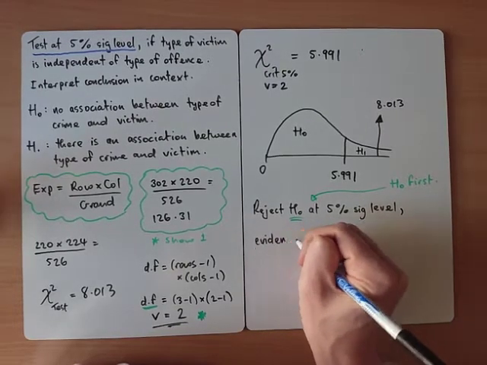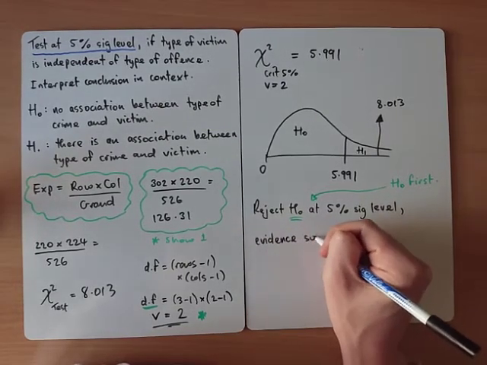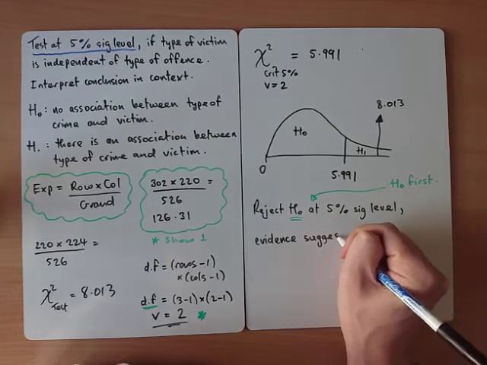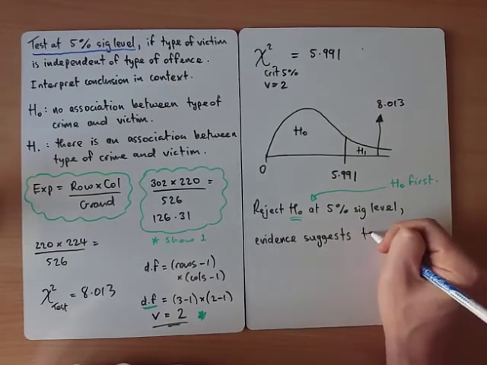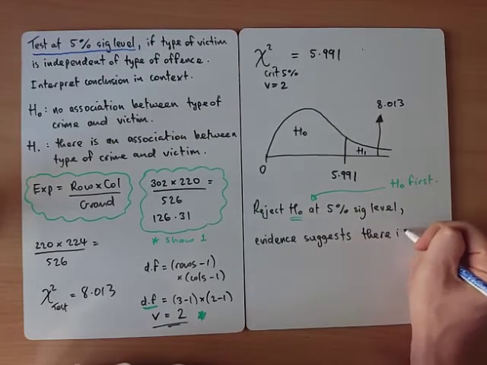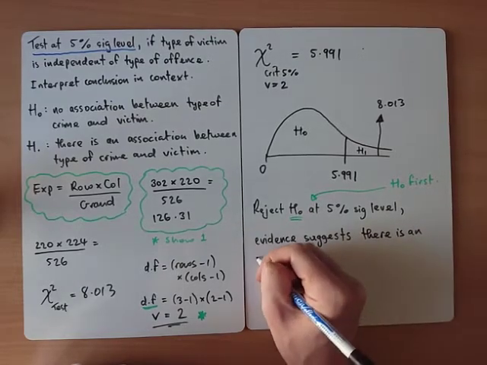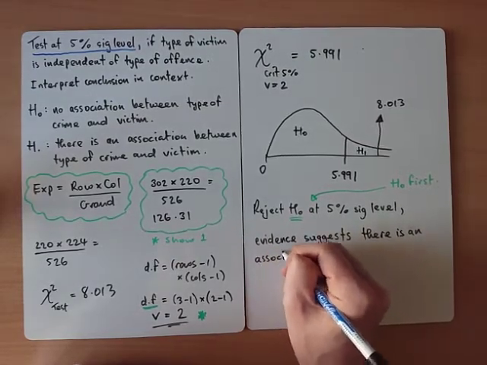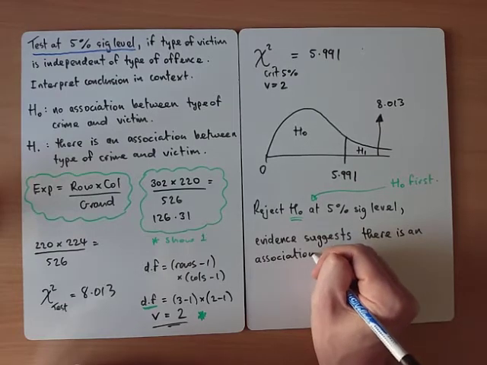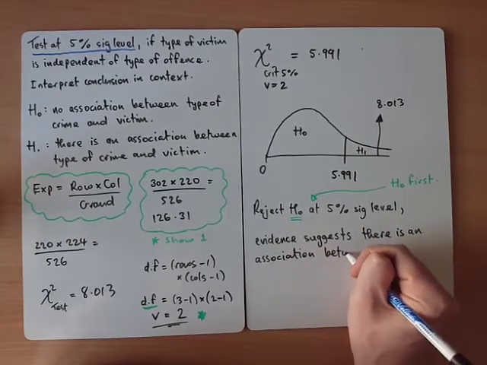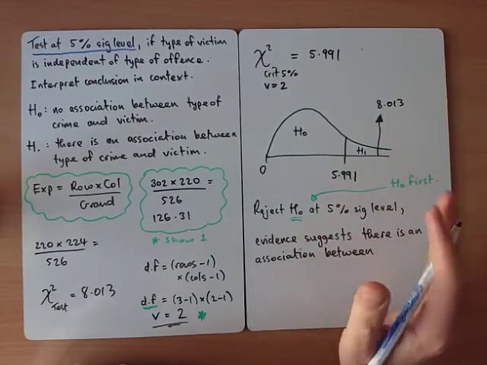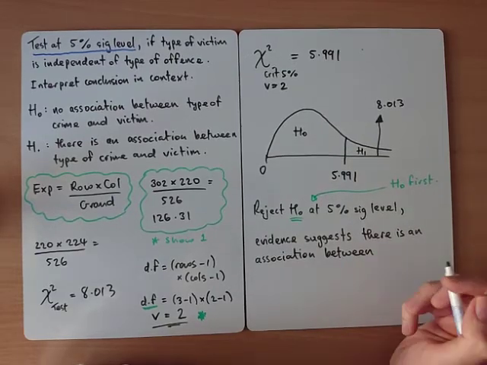So the evidence suggests there is an association between, and context is key. In any statistics question, you need context.